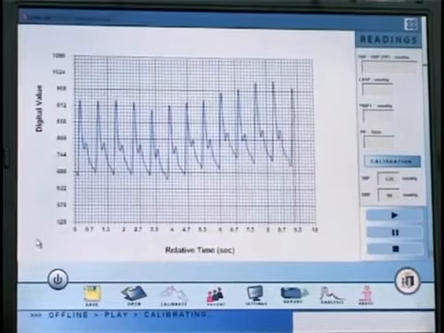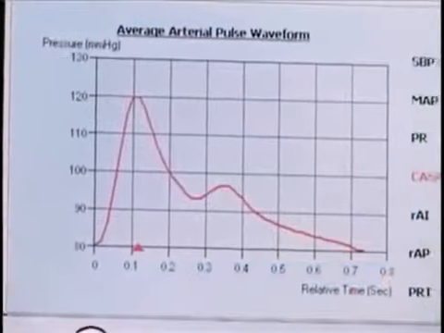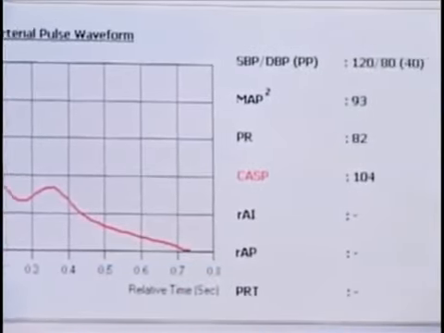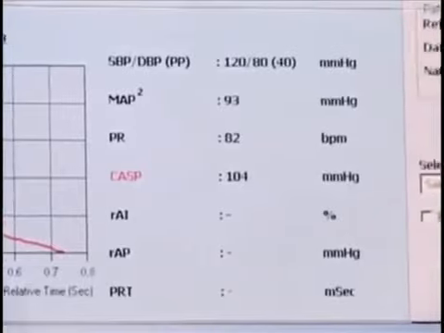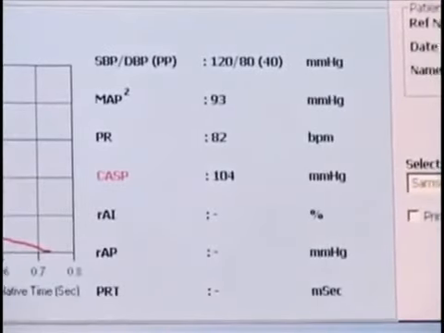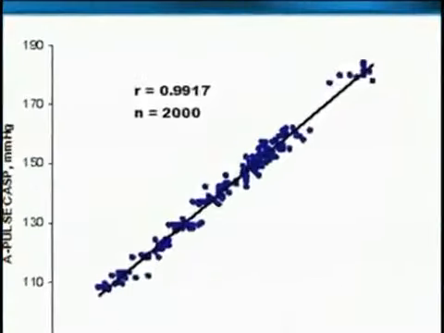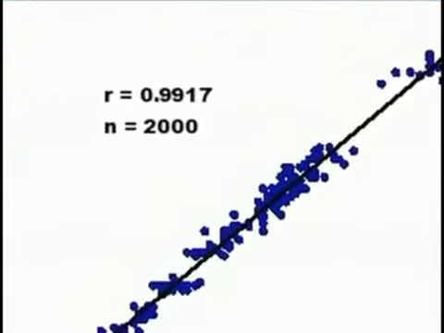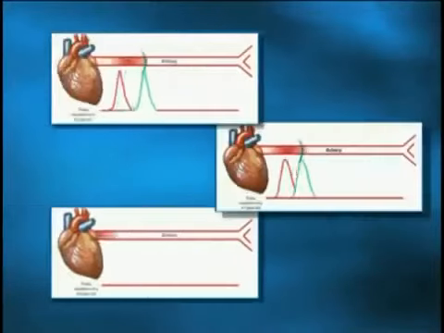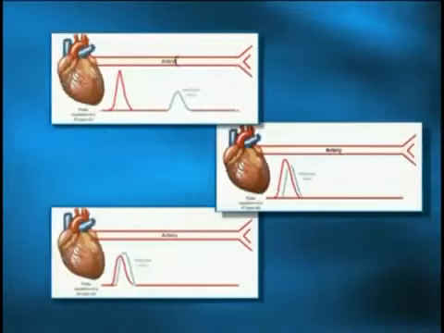We measure the central pressure here, and we read off the central pressure as calculated by the B-Pro. We have 2,000 patient waveforms, and the accuracy was 0.9917, which is unbelievable.